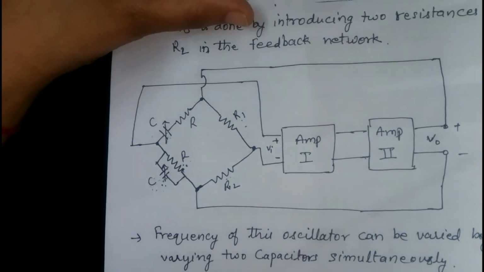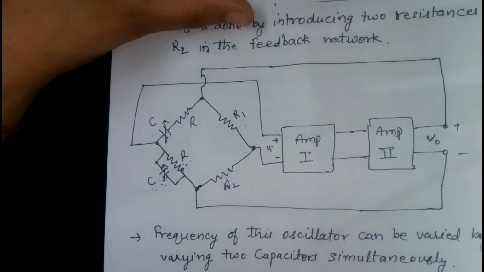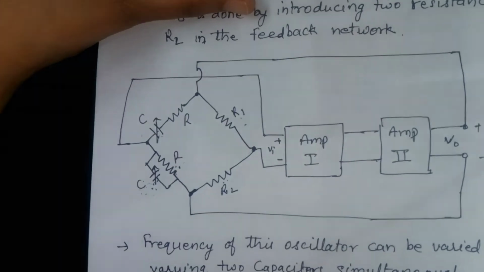The frequency is fixed, but this is the advantage of this Wien-Bridge oscillator, that this oscillator provides these two facilities, that we can vary the frequency and we can also change the range of the frequency.